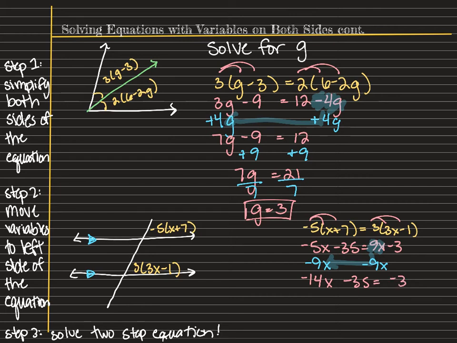So once again, I have my two-step equation, and I'm going to start by moving my constant over. So I'm going to move minus 35 to the right by adding 35 to both sides. That leaves me with negative 14x is equal to 32.